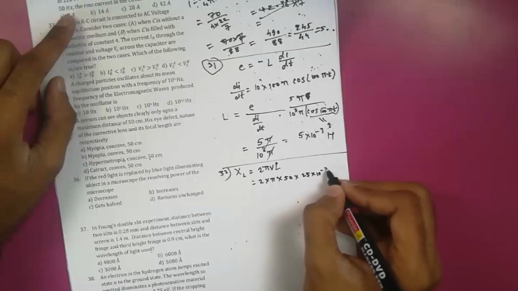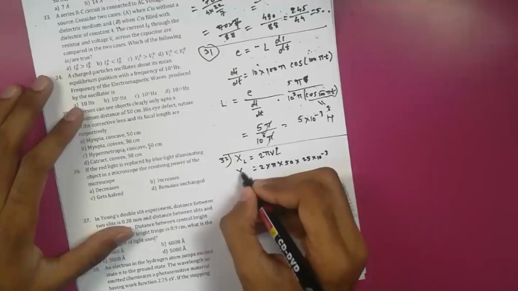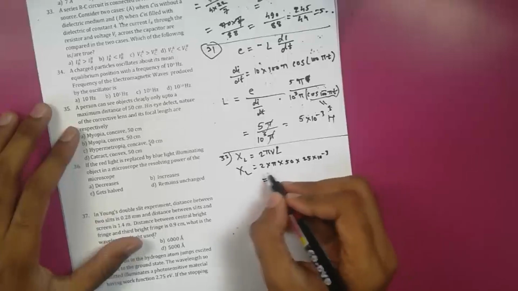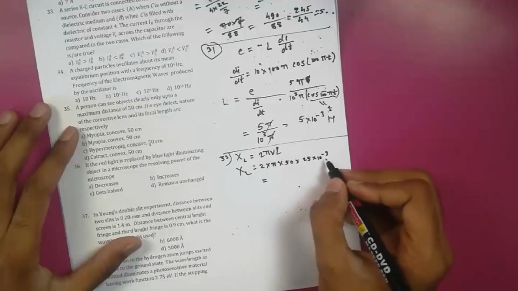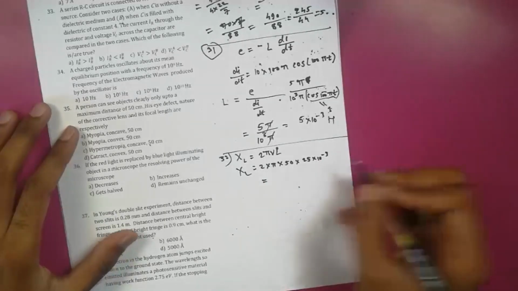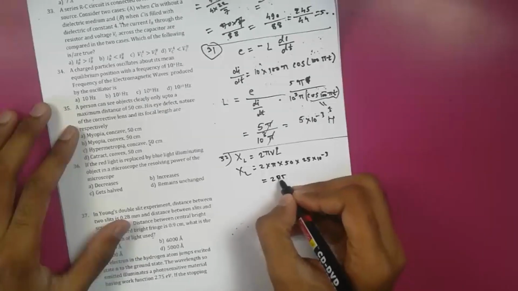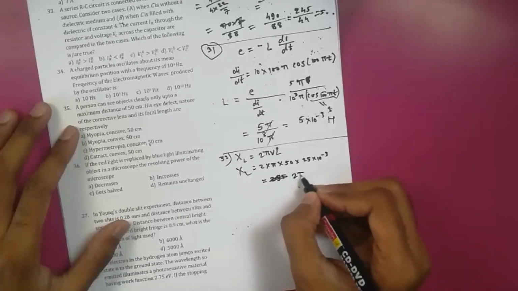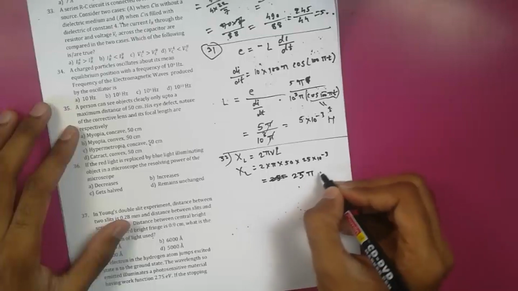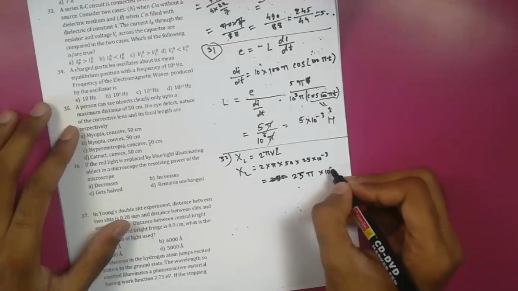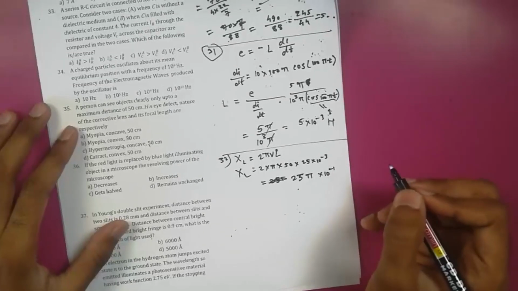So you can find XL, just multiply 50 into 200, 100 into 10 to the power minus 1, so 25 pi into 10 to the power minus 1. You can further simplify this, but let's keep it as it is.